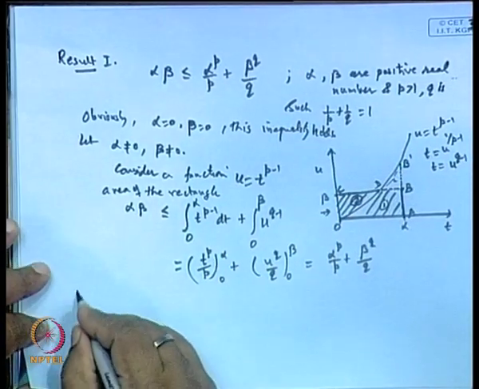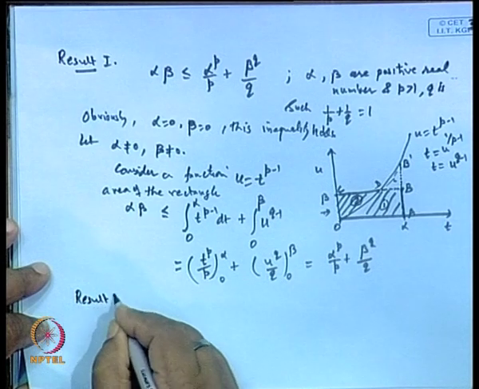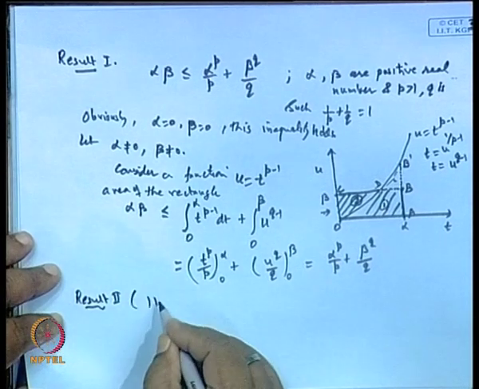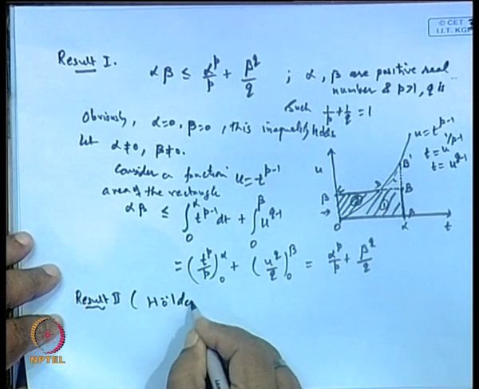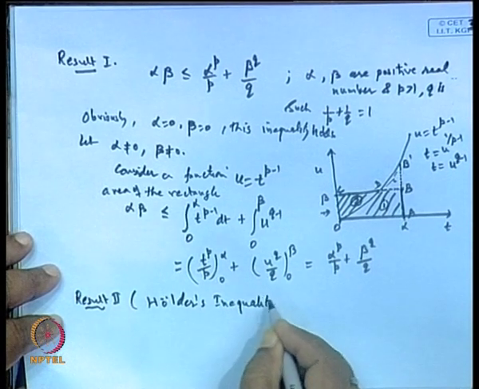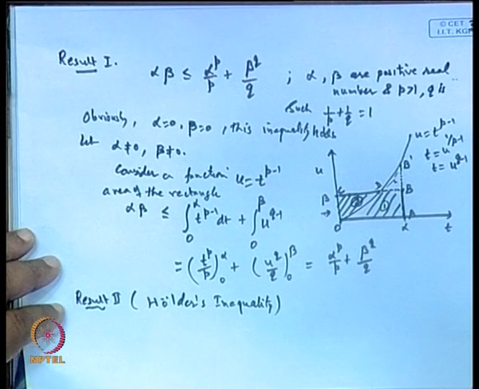The second result, which is also called Holder's inequality. What is this?